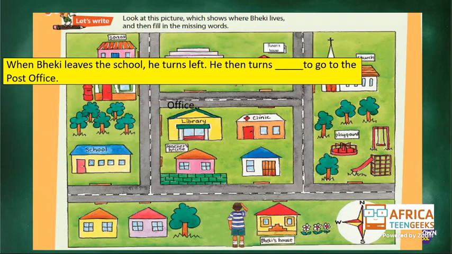Which way does he turn to go to the post office? Right, I think. Wouldn't you say left? He turns left again. Pretend you're Becky coming out of the school. You'll turn left, and then you'll turn left, I think. What do you think? Yes, ma'am. Okay, let's go on.